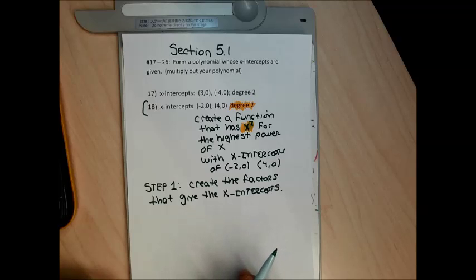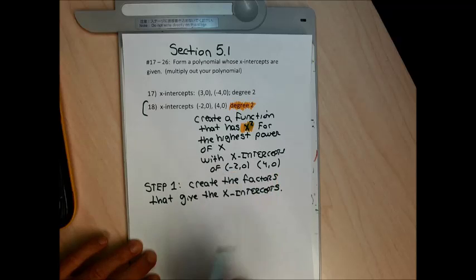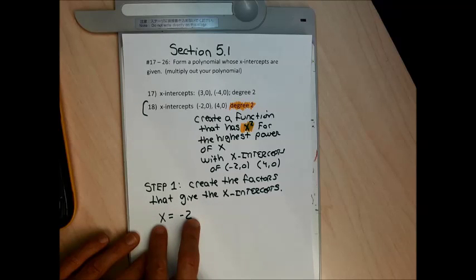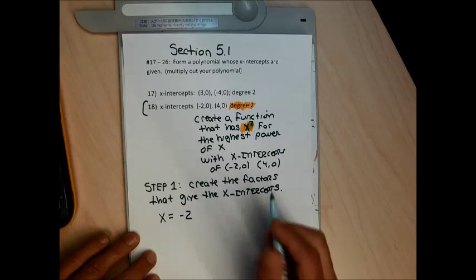The last step of the algebra that would produce these x-intercepts would give me x equal to -2. If the algebra gave me x equal -2, I'd say the x-intercept was -2, 0.